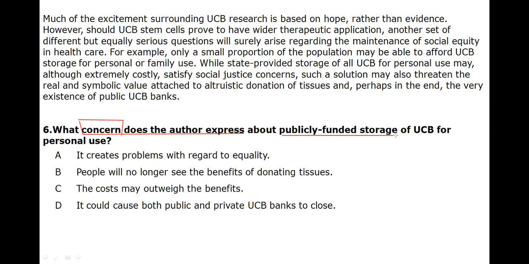Publicly funded storage of UCB for personal use. So the use of storage from the public banks for personal use.